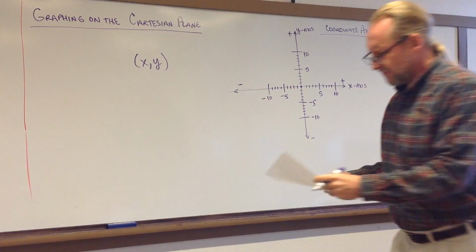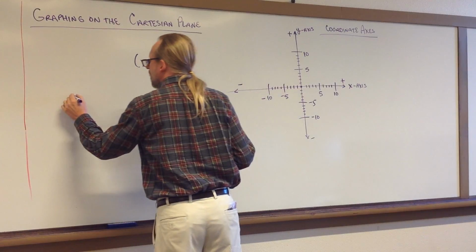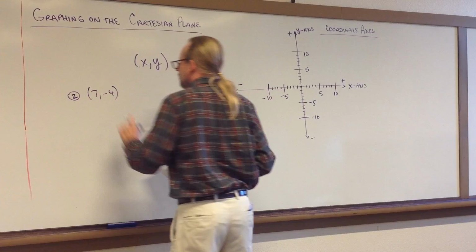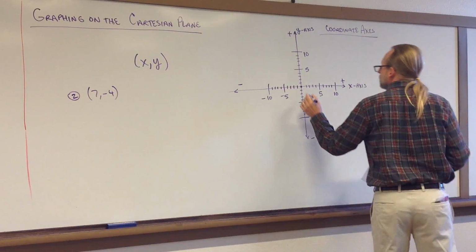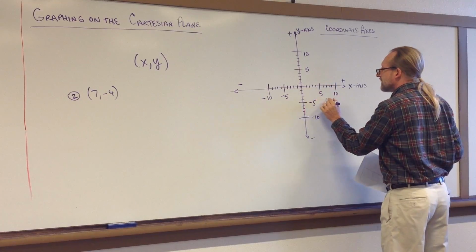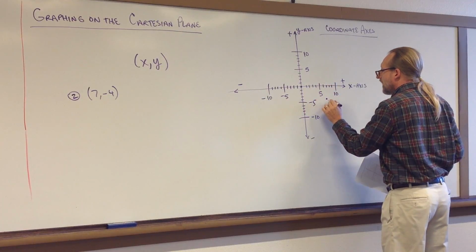So, in problem 2, we've got the point 7, negative 4. So, the x-coordinate comes first, so we go over to 7, and then we go down to negative 4, and there's problem 2.